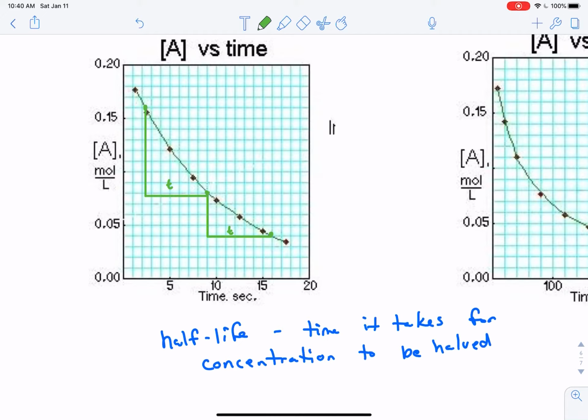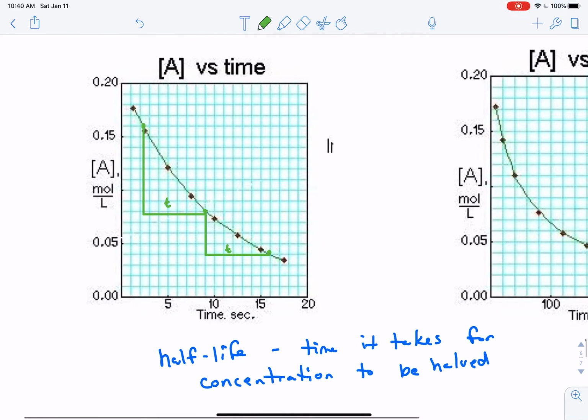They're the same. So if you find the half-life of 2 different sets of points, the half-life in a first order is constant. Because every time you halve the concentration, the rate also halves. So it takes the same amount of time.